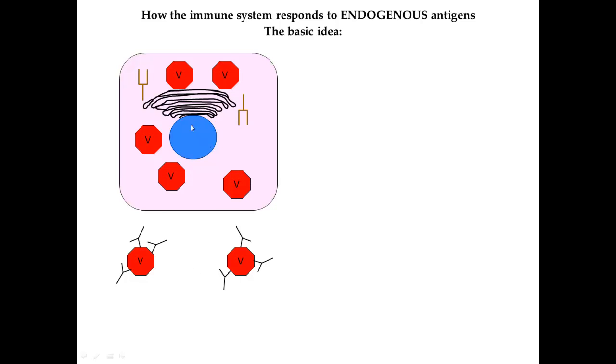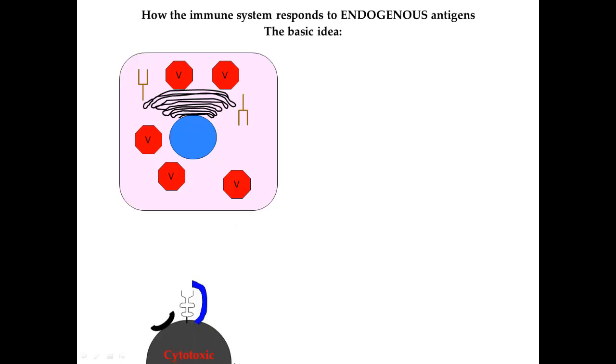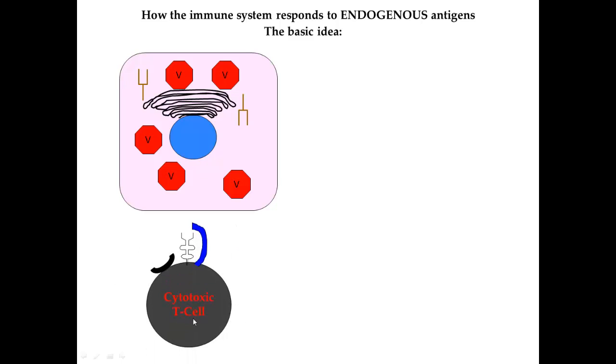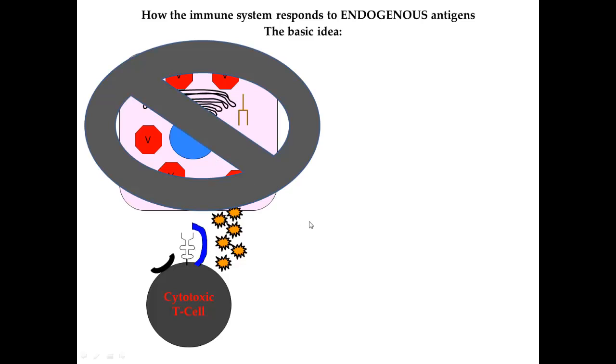our host cells' replicative machinery to produce more viral particles. It's the job of cytotoxic T cells to recognize these virally infected cells and to release enzymes that kill these cells.